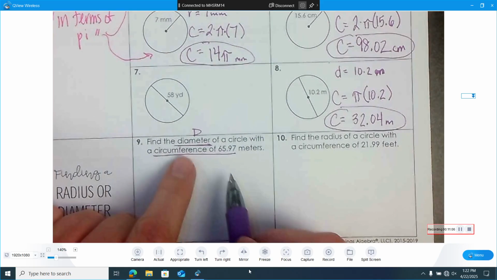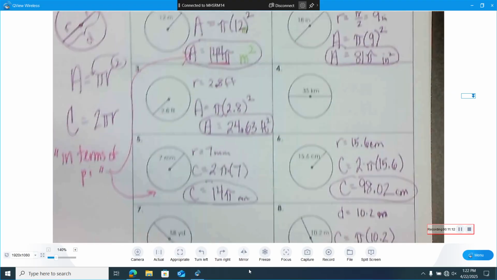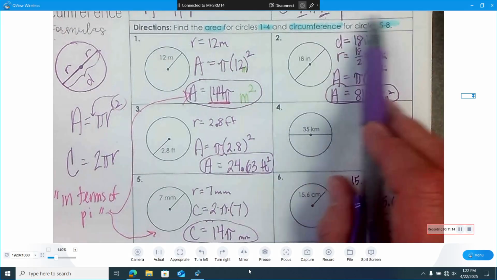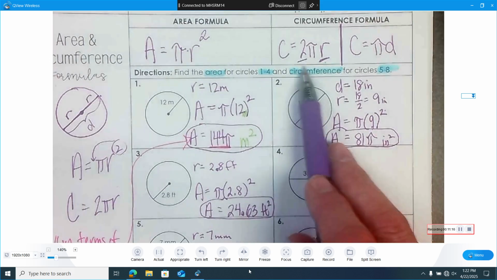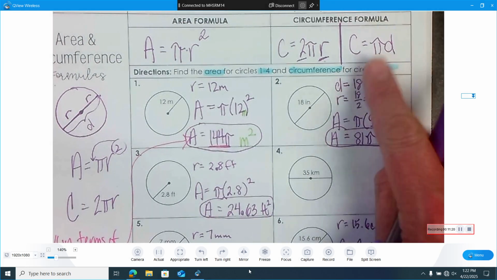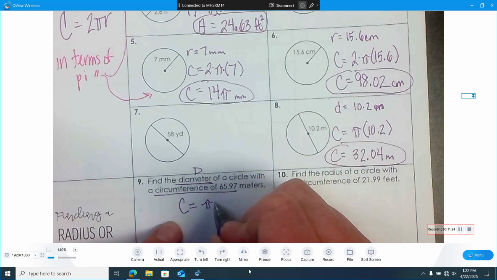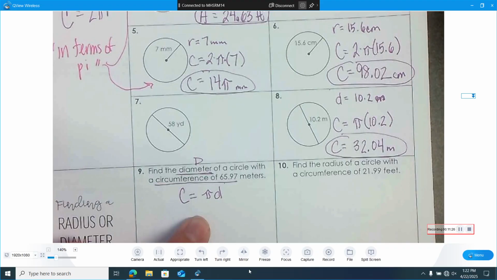So they're giving me information about circumference. So I need to write down a formula. And I'm trying to figure out diameter. Which formula would be better to use if I'm trying to find diameter? The right one. C equals pi times diameter.